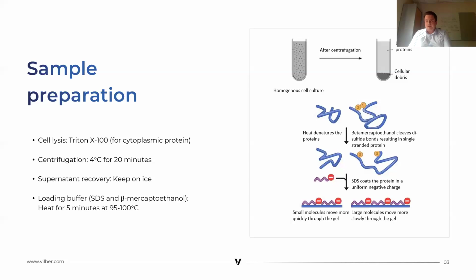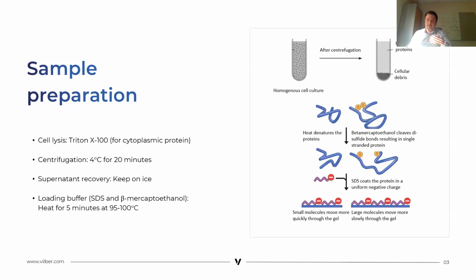Otherwise, your protein might degrade before you even run the gel, okay? After lysis, centrifuge at 4 degrees for about 15 or 20 minutes, and this step separates the soluble protein from the cellular debris, and carefully collect the supernatant and keep it on ice.